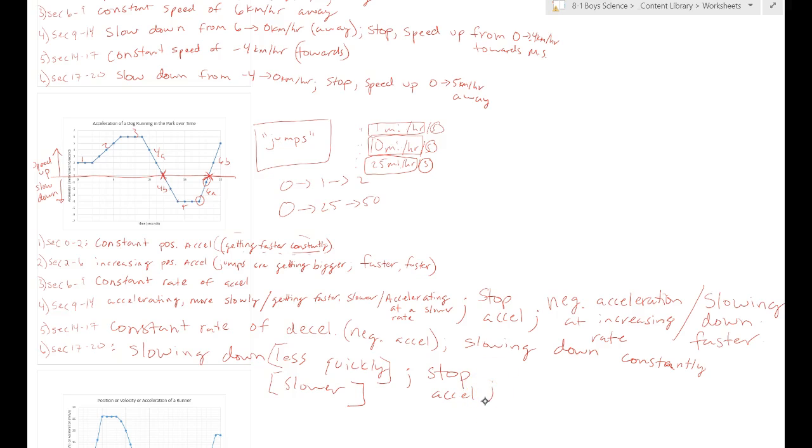Then you actually start to speed up, and your numbers are going to get bigger. Your jumps are getting larger because you're going from 0 to 2 to 5 meters per second squared. So you're going to get faster. Or speed up more quickly.